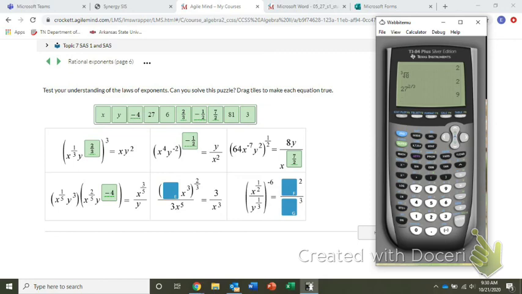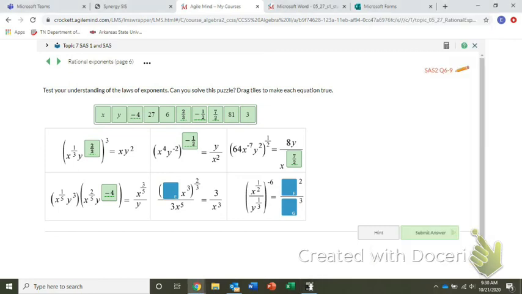So that would be, if we did 27 to the 2/3 and x, that'll be x squared over 3x to the 5th.